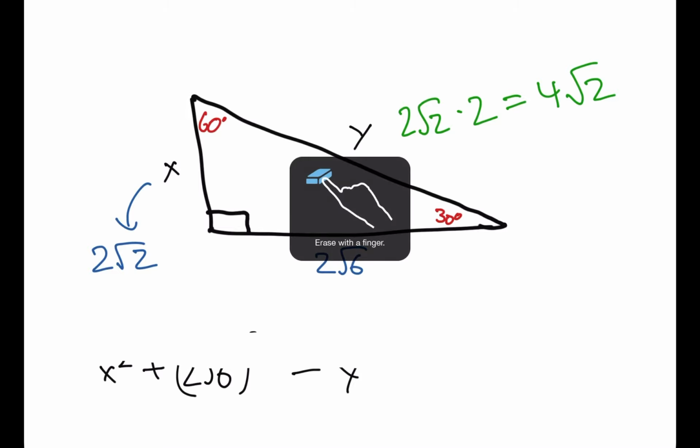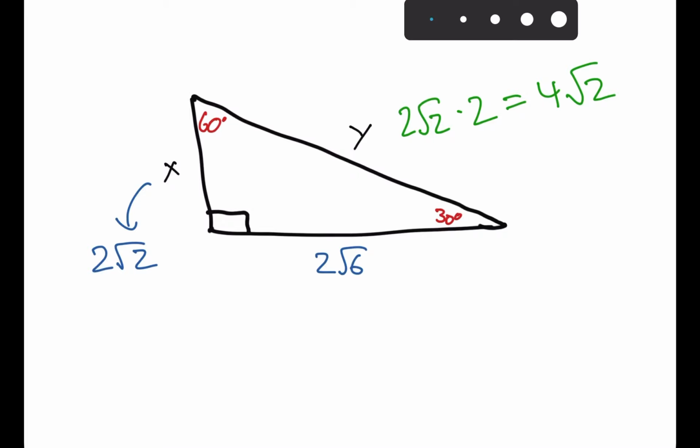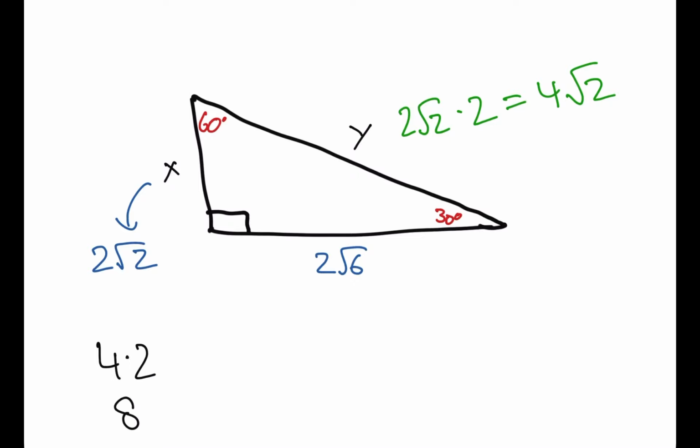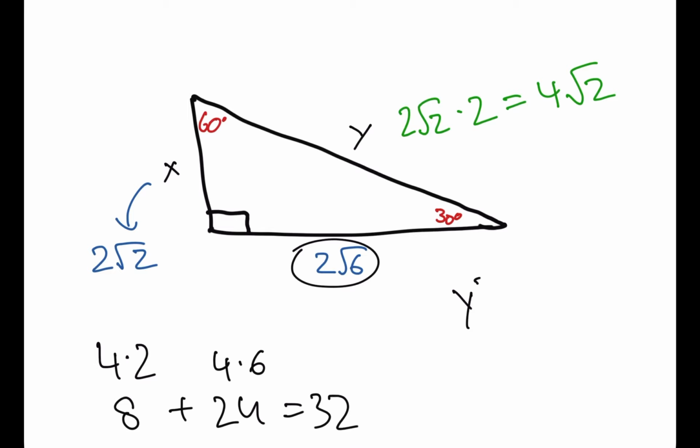So if we were to do that again, x is 2 root 2, so x squared would be 4 times 2, which is 8, plus this length squared, which should be 4 times 6, or 24, is equal to 32. This means that y squared is equal to 32. Then we can just divide this by 16 and find that y is equal to 4 root 2.